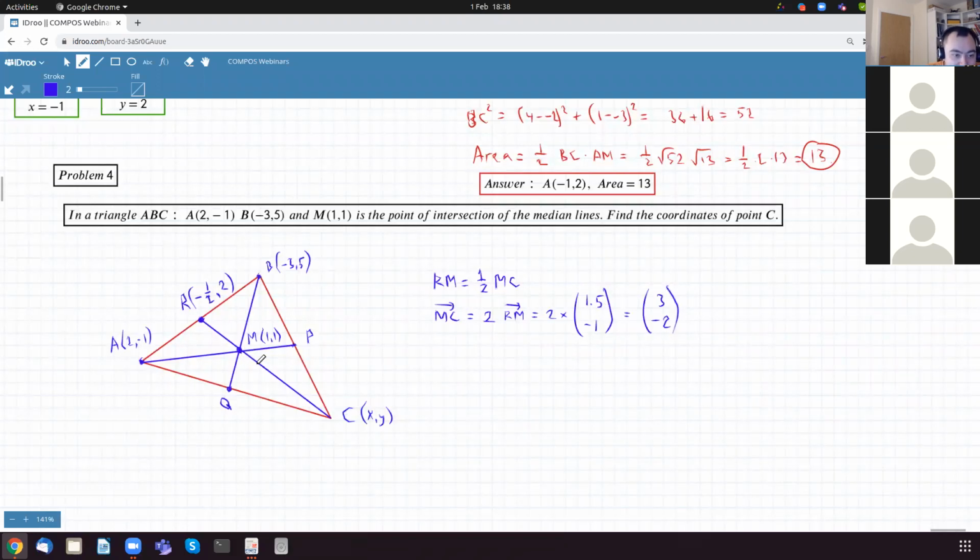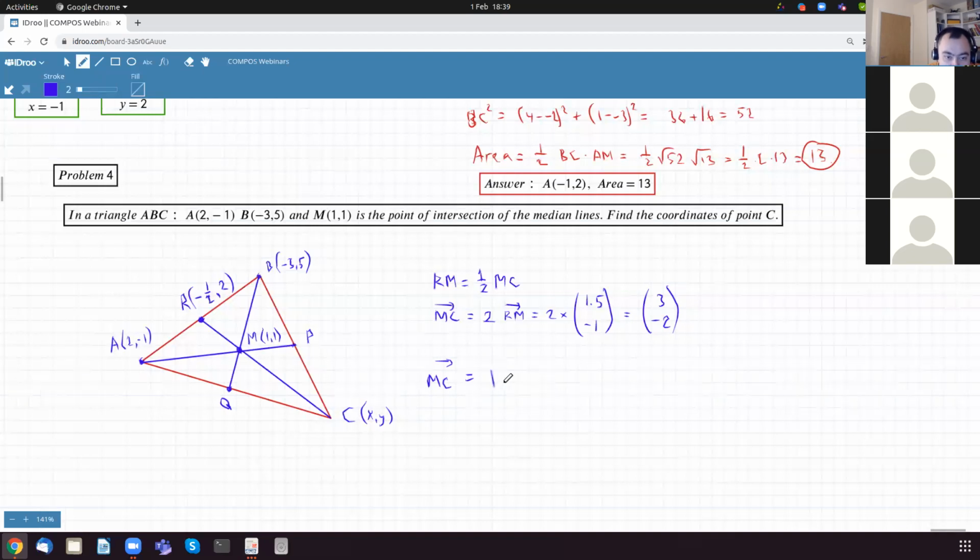And okay. Then to find point C, we also know that vector MC is the coordinates of C minus the coordinates of M. I'll write this down.